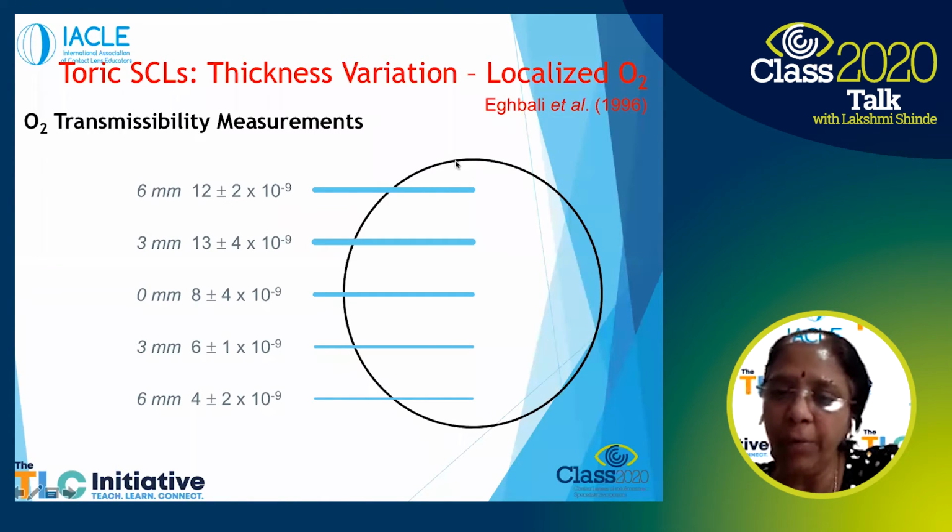And therefore, if you go down the vertical meridian from the top to the bottom of the lens, as thickness increases, it's very natural that the oxygen transmissibility also reduces with the increase in thickness.